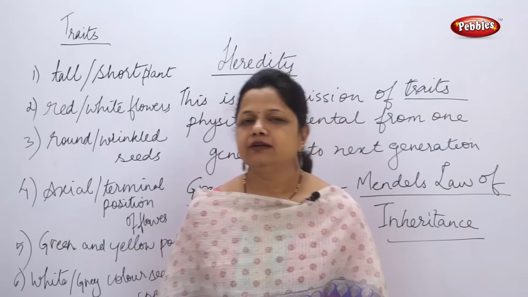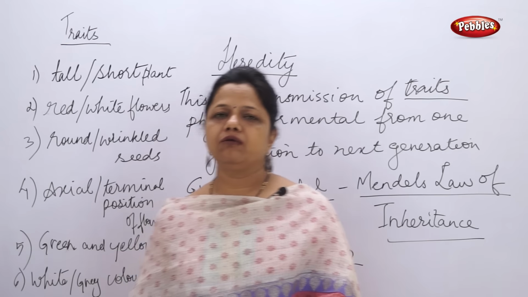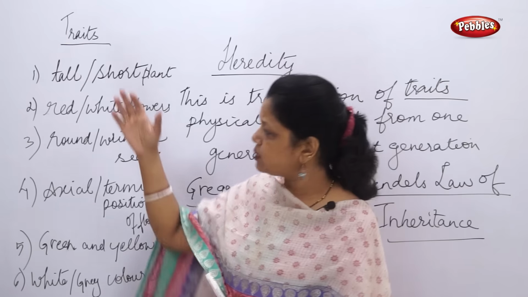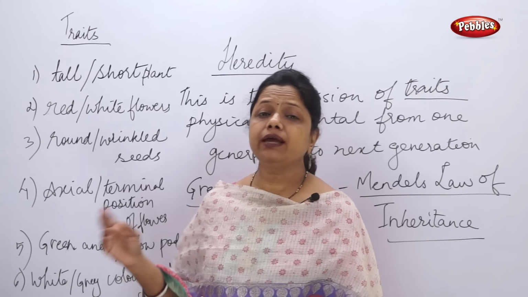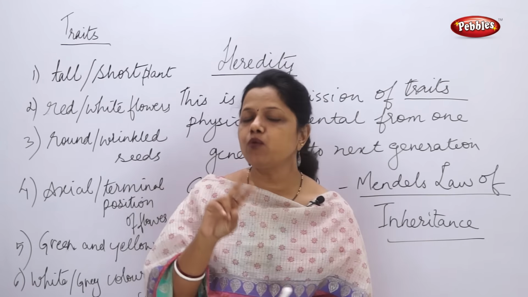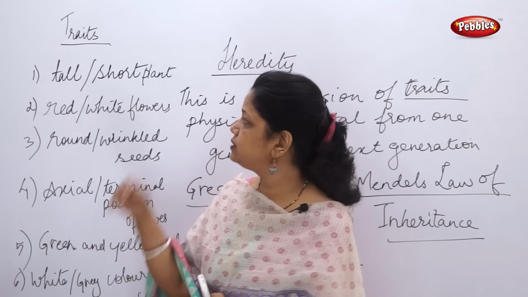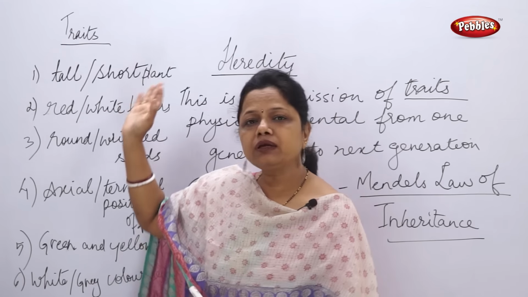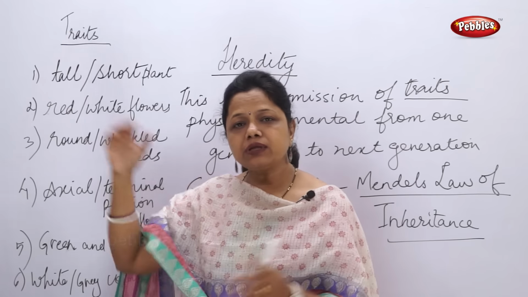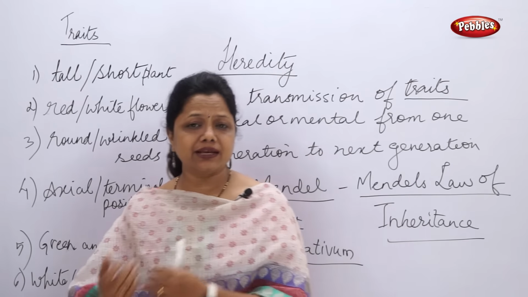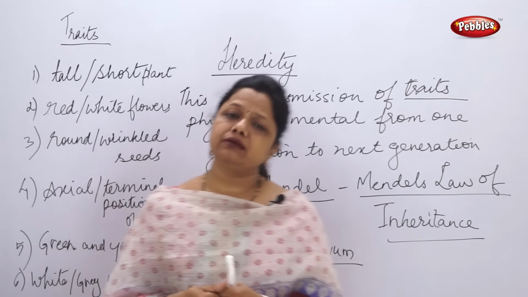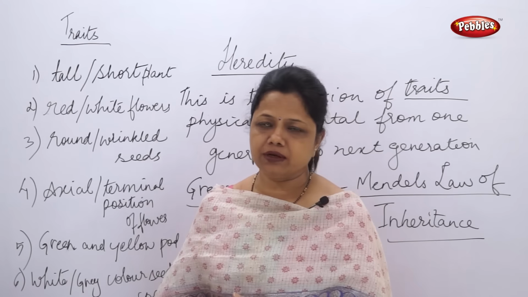Now he cannot take one trait, he has to take a pair of traits. If he takes a tall plant, he has to take a short plant along with it, so that he can compare which dominant characters come in the next plant and which character is not seen.